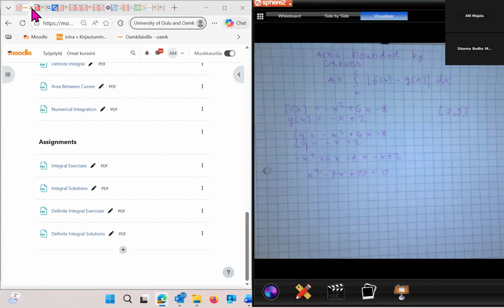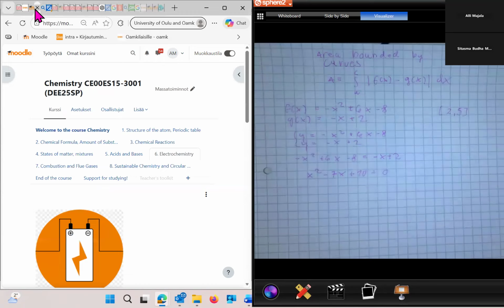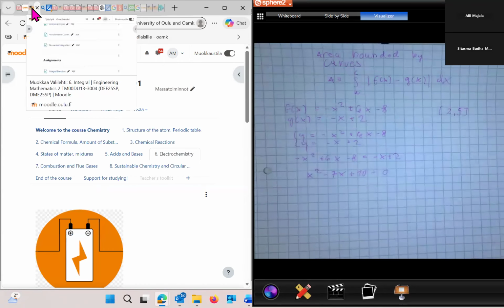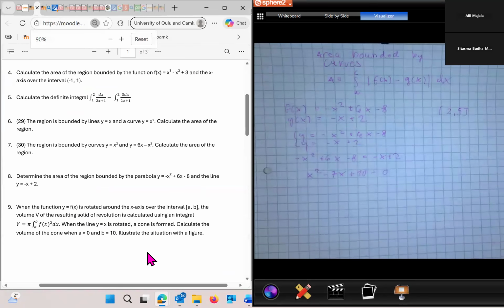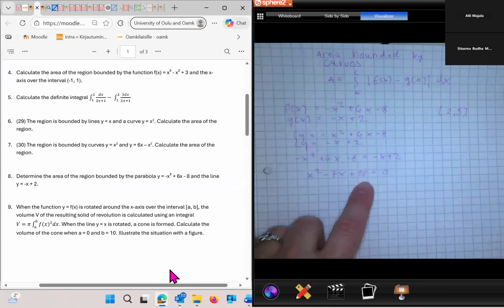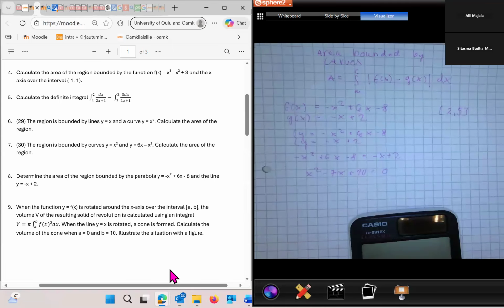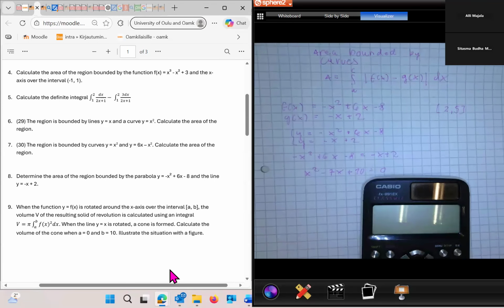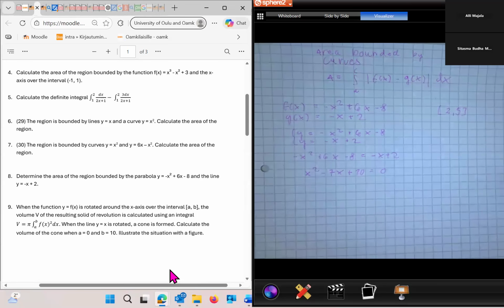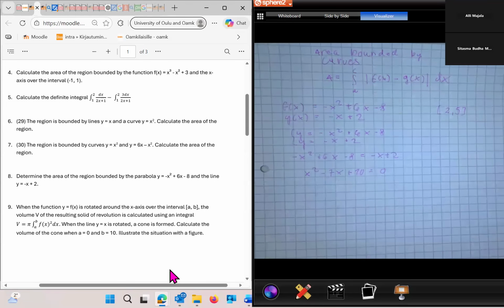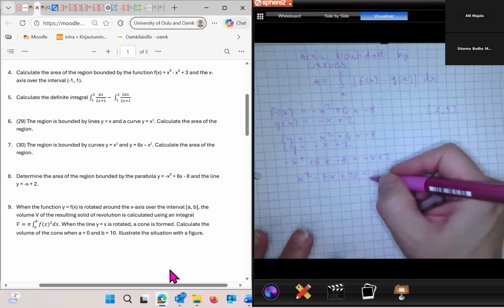Okay, so this can be, of course, solved with the second degree equation formula, I'll use the formula. How much time do we have? We have enough time.